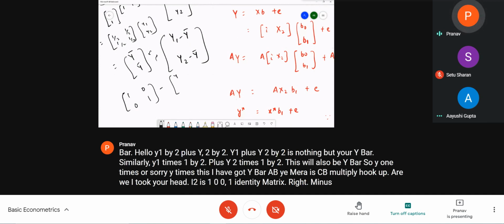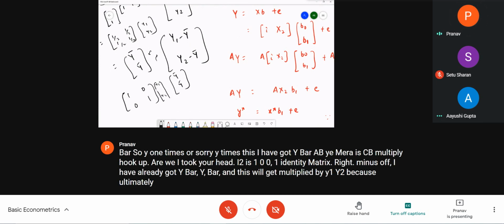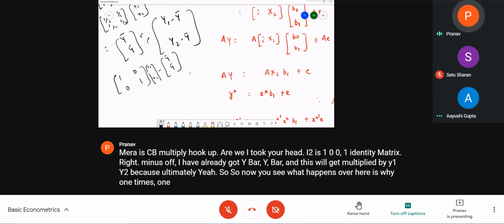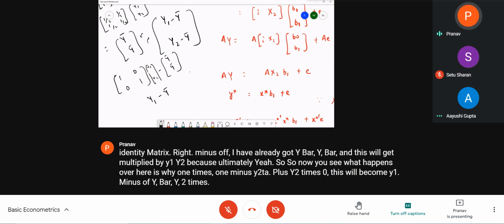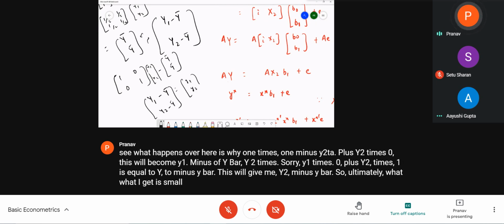Minus y bar, which I have already got, multiplied by y1, y2. Now you see what happens: y1 times 1 plus y2 times 0 minus y bar becomes y1 minus y bar. And y1 times 0 plus y2 times 1 minus y bar gives y2 minus y bar. So ultimately what I get is small y1, small y2.